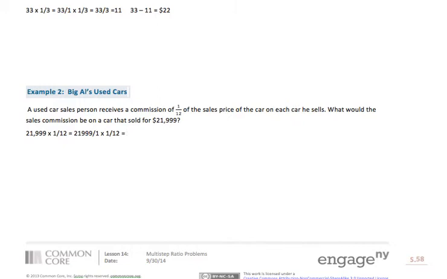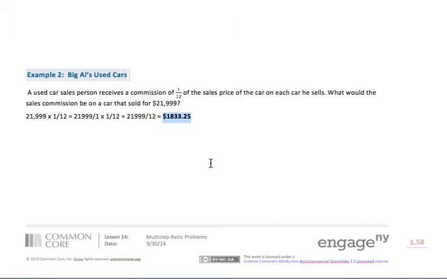That would give us 21,999 over 12. And then when we do the division, we would get $1,833.25. This amount does stand alone because when you're earning commissions, it is not an add-on, but simply that amount of the sale.